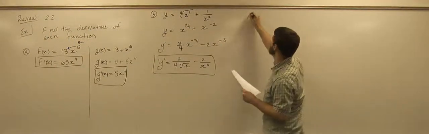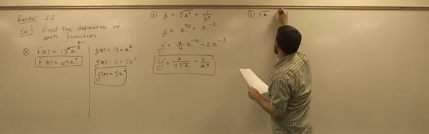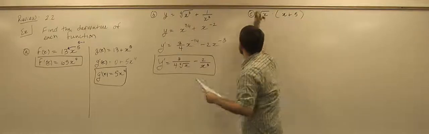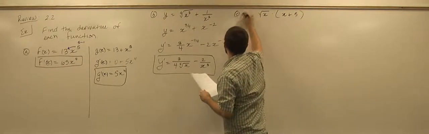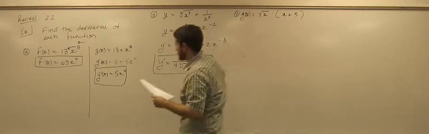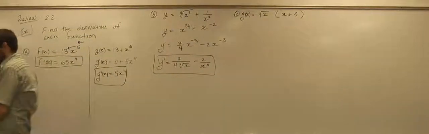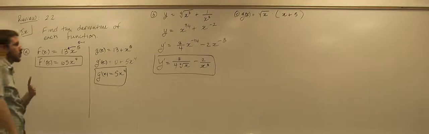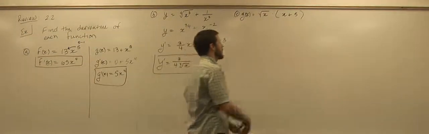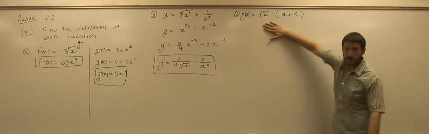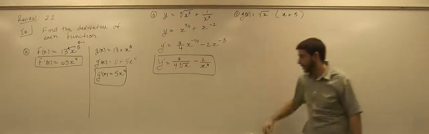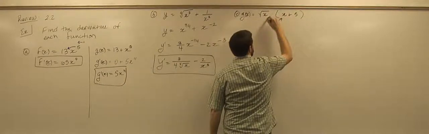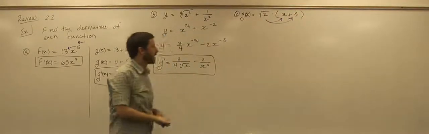So what about something like this? Square root of x times x plus 5. Oops, let's call this g. How do we do this derivative? What do you got to do first? Do your algebra, right? Multiply it out. Rewrite.